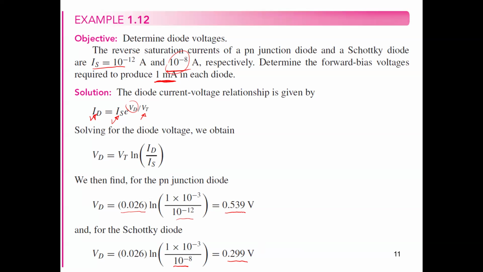This is just to show you a comparison between the two diodes, what happens if we need to have a certain current in the anode to cathode circuit, or the diode current.